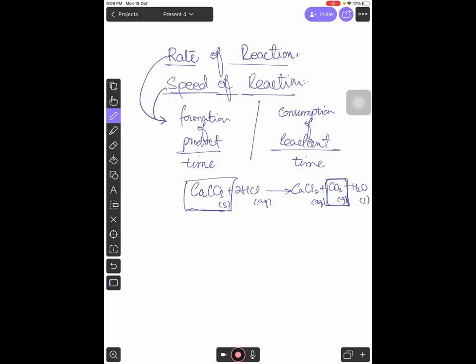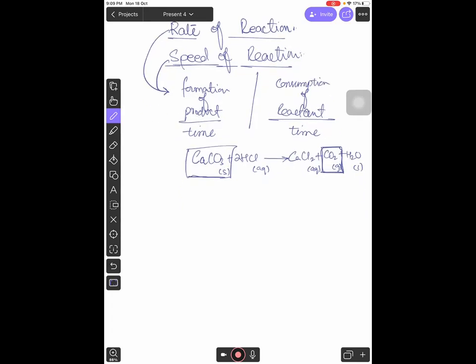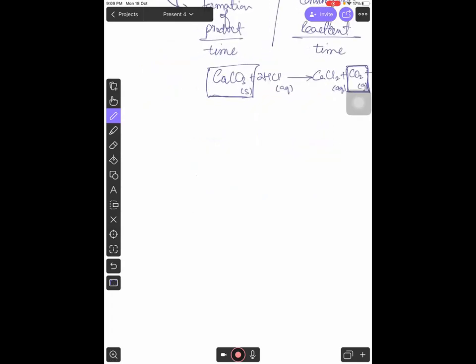Now, the first thing you can use to find the rate of reaction is the solid. You can do it like this. You can take a conical flask and attach cotton wool over here.